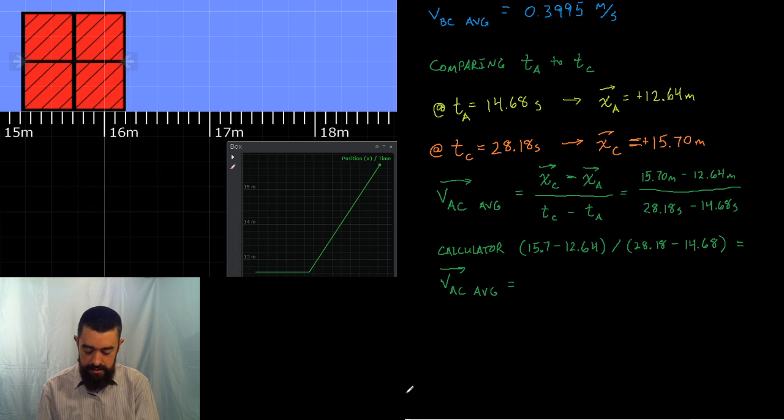Okay, so let's do this all in one step. Open parentheses, 15.7 minus 12.64, close parentheses, divide by, or slash, open parentheses, don't forget that, 28.18 minus 14.68, close parentheses, enter.